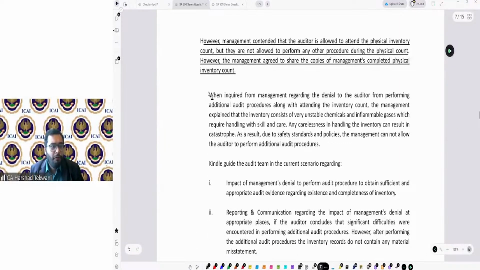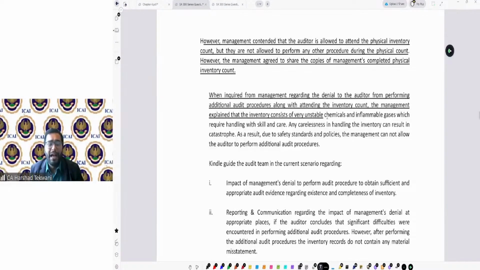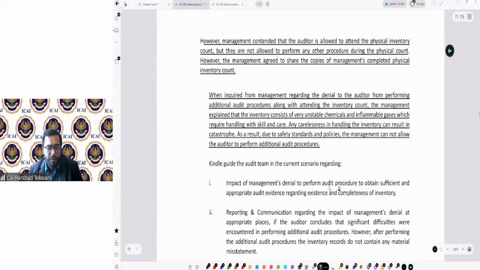Then, when inquired from the management regarding the denial to the auditor for performing the additional audit procedures along with attending the inventory count, the management explained that the inventory consists of very unstable chemicals and inflammable gases, which require handling with skill and care. Any carelessness in handling the inventory can result in catastrophe. As a result, due to safety standards and policies, the management cannot allow the auditor to perform additional audit procedures.